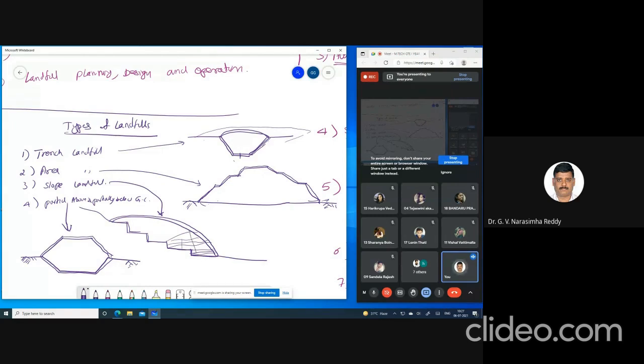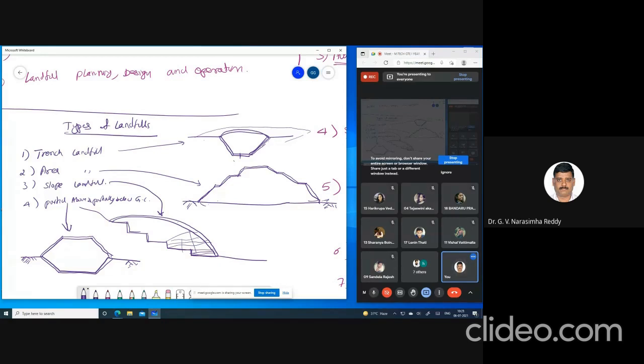Here also you will have cells and other things, and they will cap it. Of course, here also you will have a liner and a cap. In all these cases, the bottommost will be the liner and the topmost part will be the cover. Both liner and cover are impermeable barriers, right? So that is regarding this.